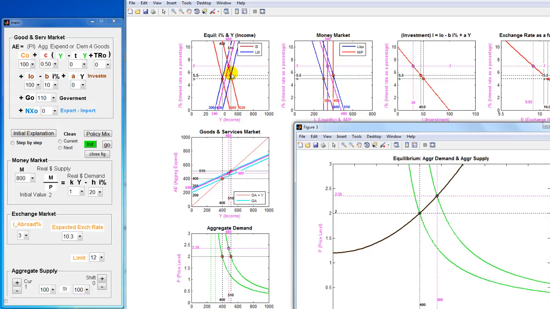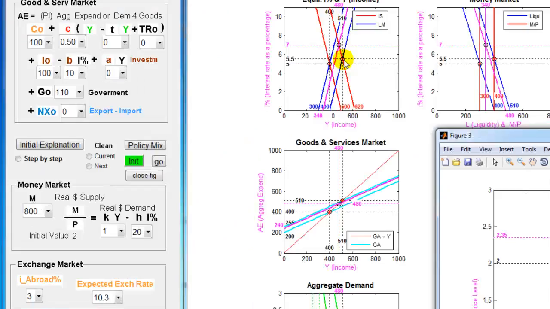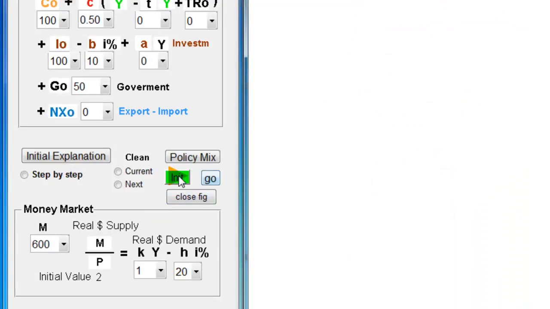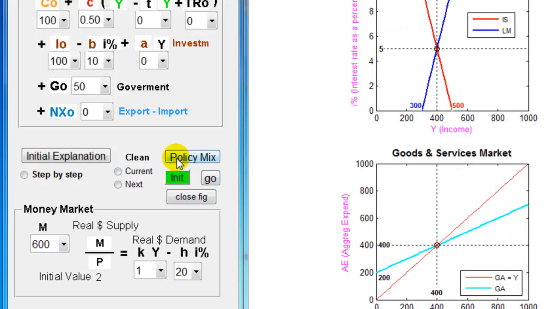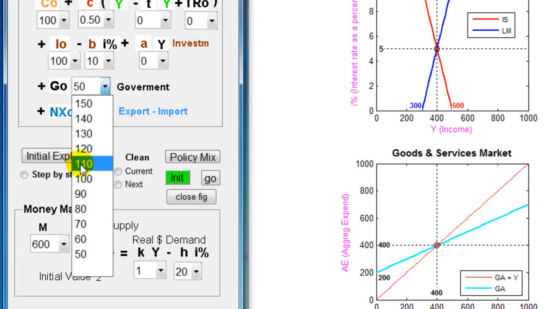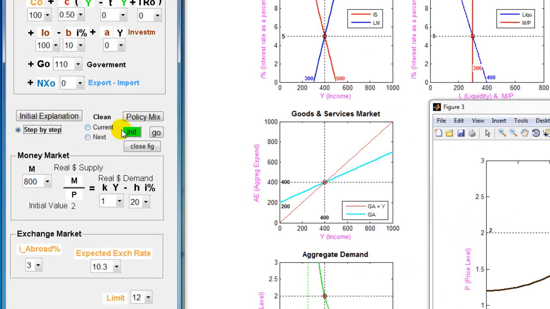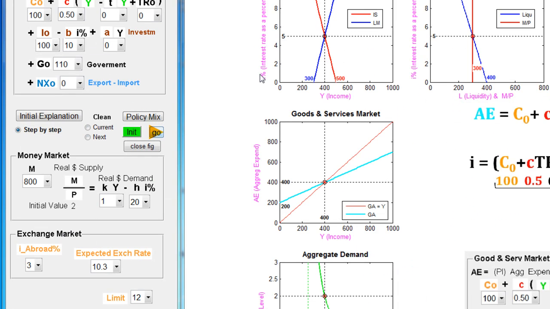So we are going to see step by step the second effect from here to here. So let's start from scratch, and then we're going to apply the policy mix, increasing government expenditure and increasing money supply, step by step. Okay, go.